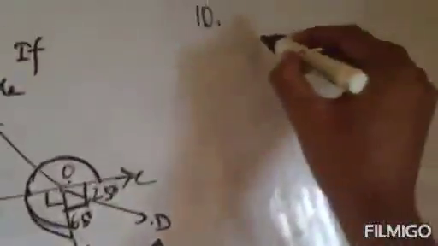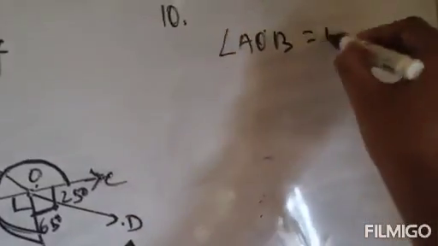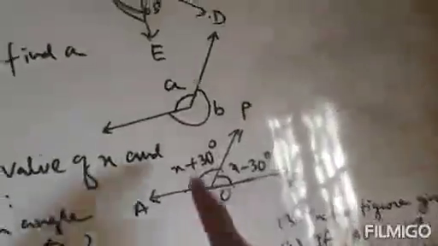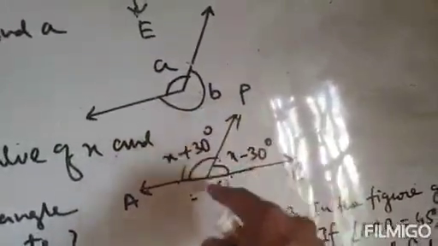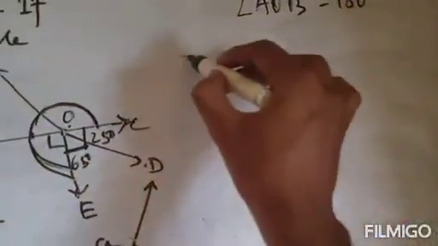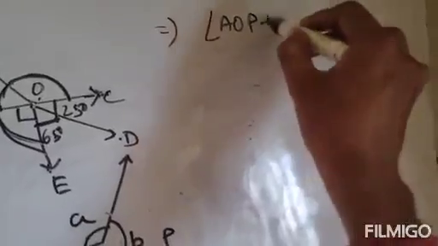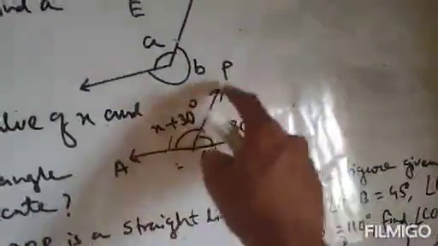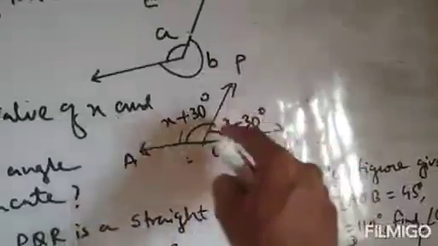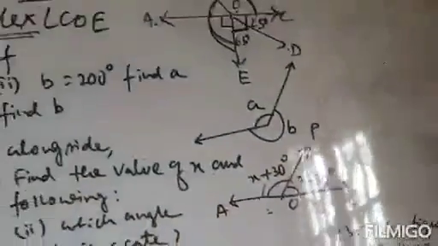As AOB is a straight line, angle AOB will be 180 degrees. Now AOB means AOP plus angle POB. Therefore we can say that angle AOP plus angle POB equals 180 degrees, because angle AOB means angle AOP, this part, plus angle POB, this part, and this total is equal to angle AOB.